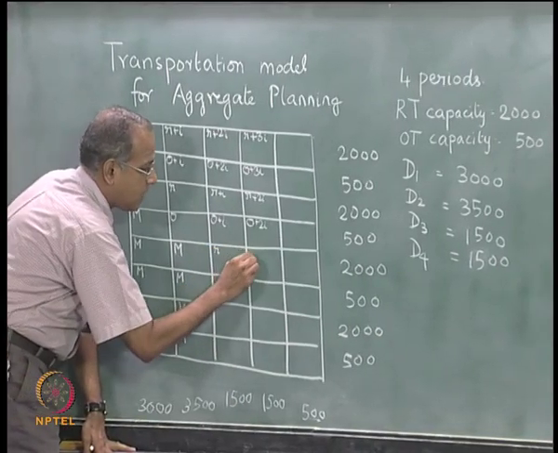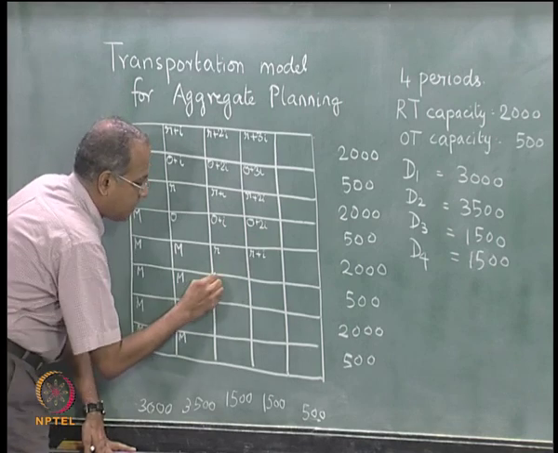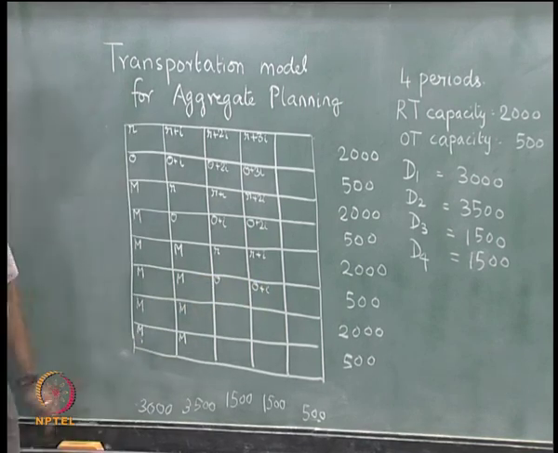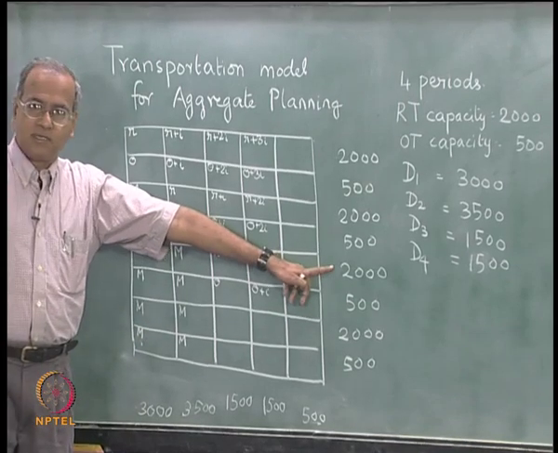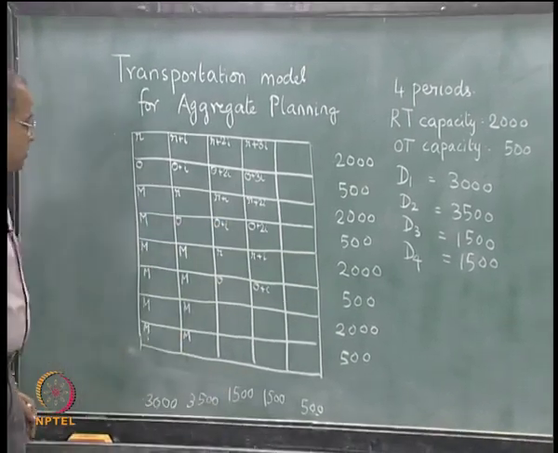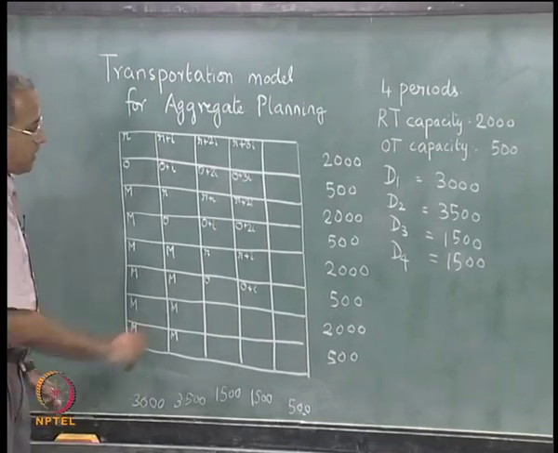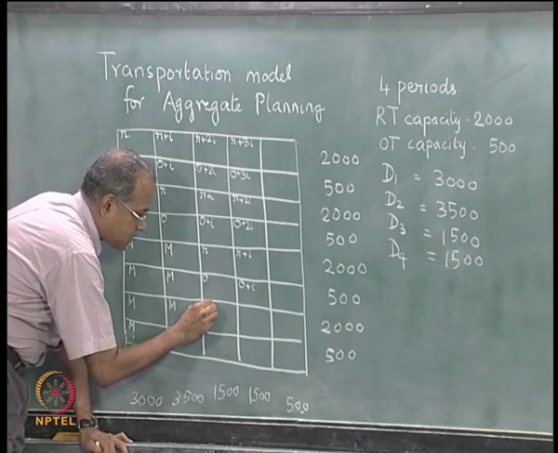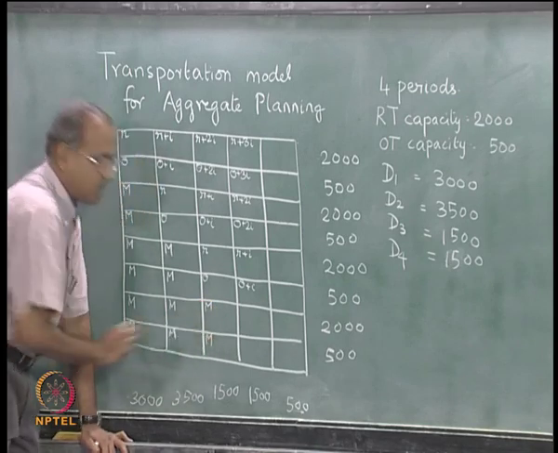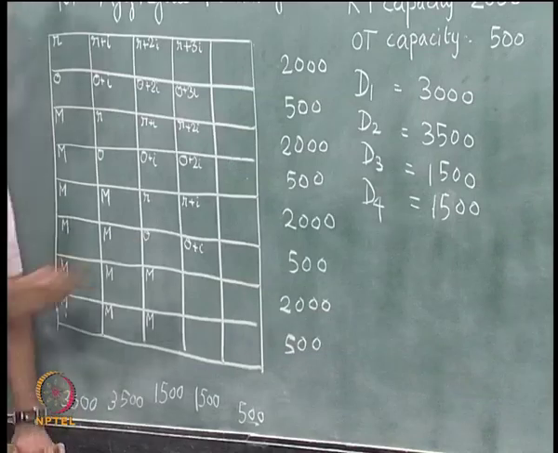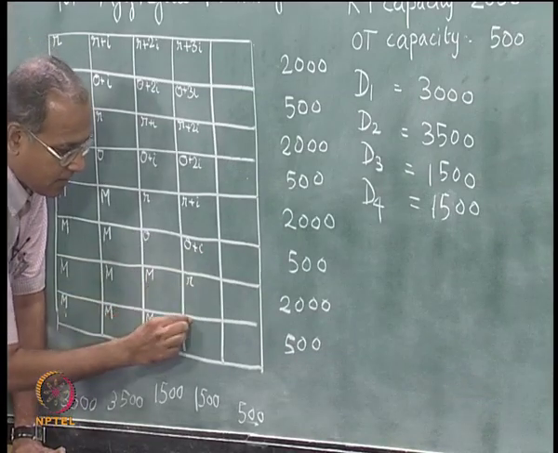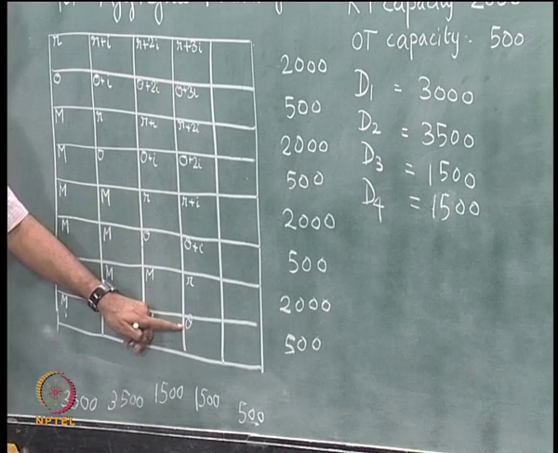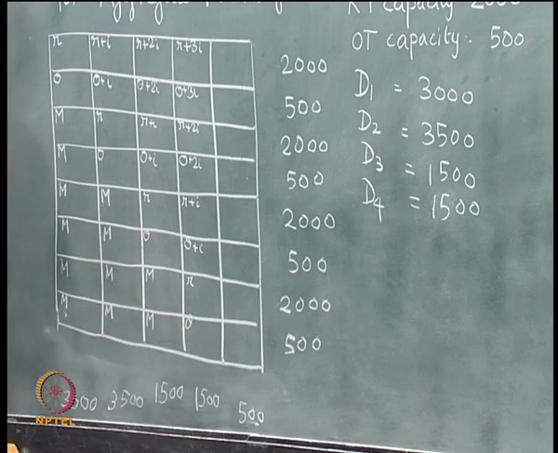So the cost will be R here, R plus I here, O here, O plus I here, and I cannot use the fourth month's capacity to meet the third month's demand. So this will be big M, this will also be big M. So for the fourth month I will have R here, I will have an O here. Please note that these are O, so that I can distinguish them from 0.